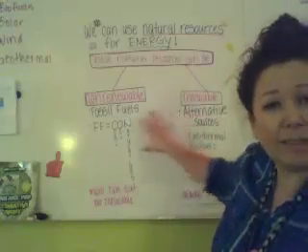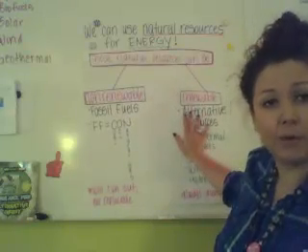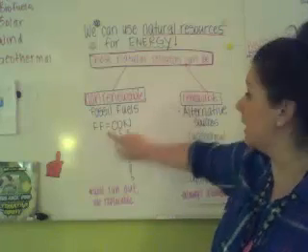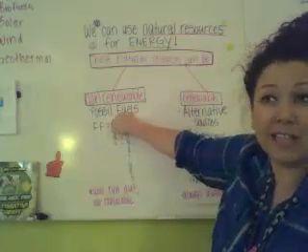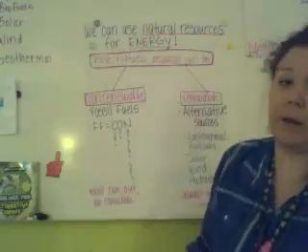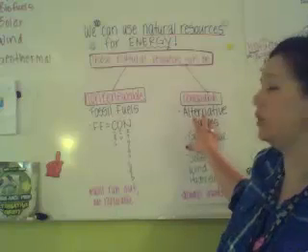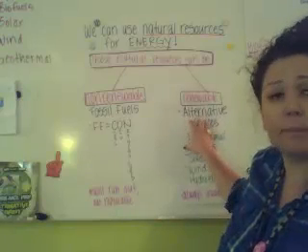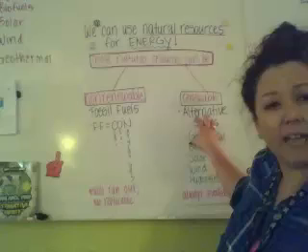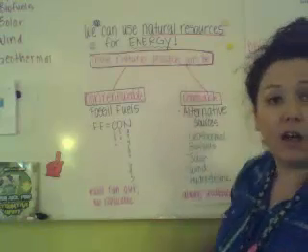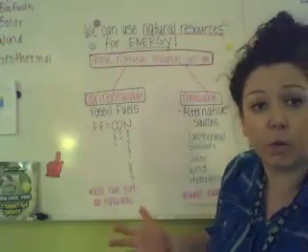But the thing that they both have in common is that we use them for energy. I can use fossil fuels for energy. That's where most of our world gets their energy from right now. It's from fossil fuels. Alternative energy is a very small percentage. Remember we looked at that pie chart, and only about 8 to 10% of the world actually uses alternative energy as our main source of energy, okay?